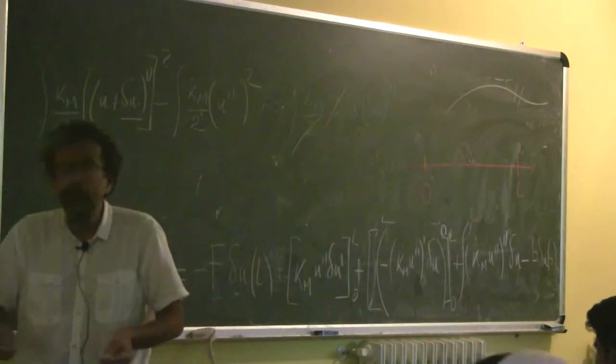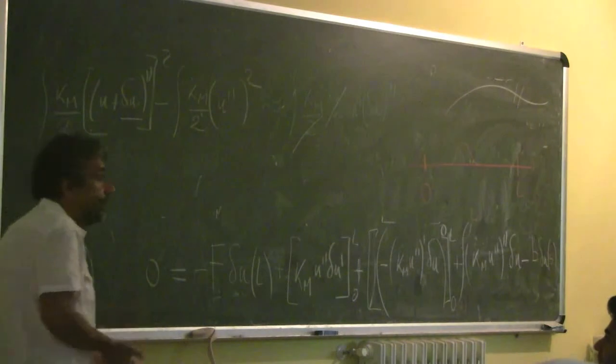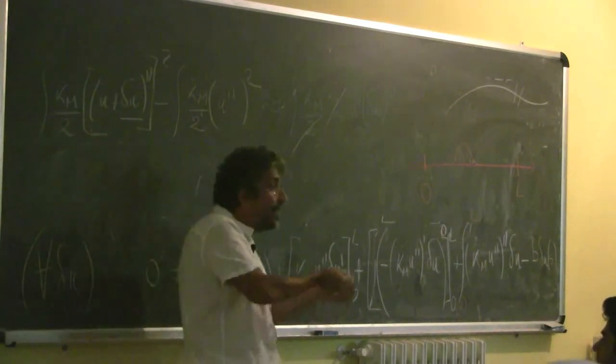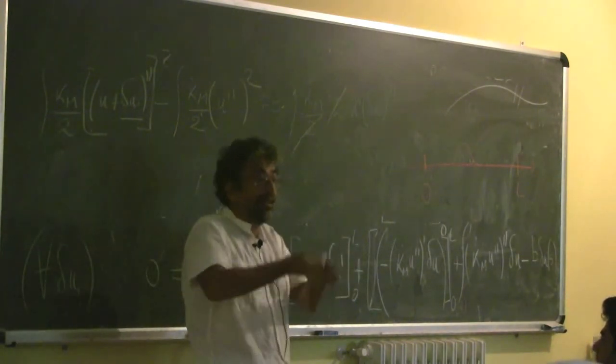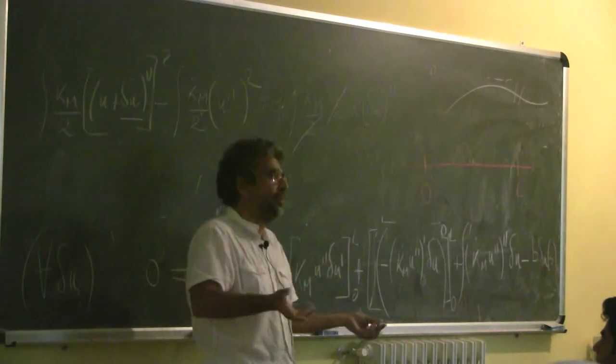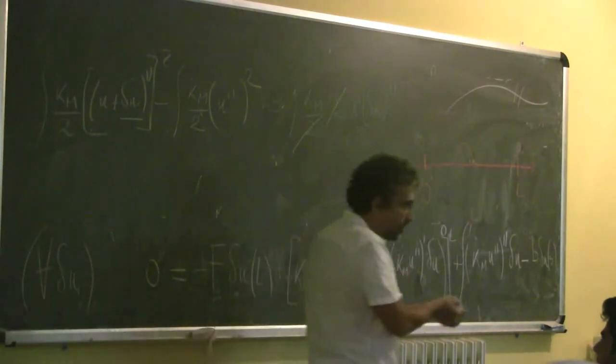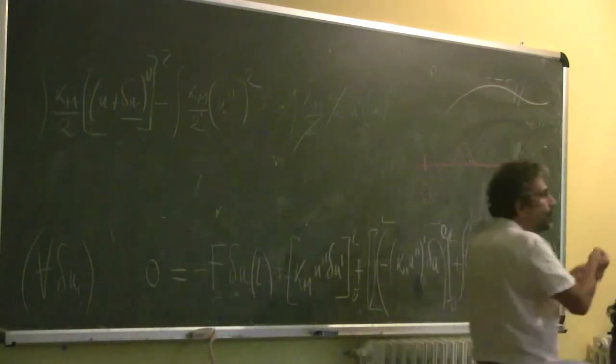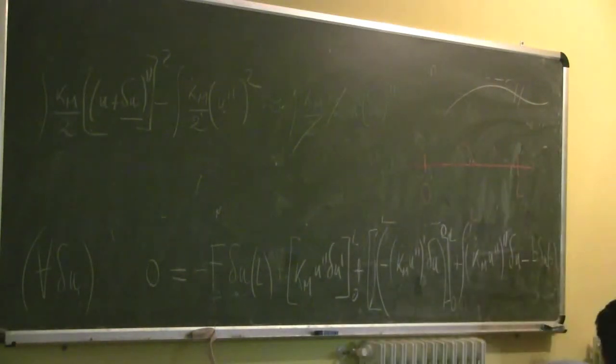Okay? So what can I do? I can tell you, every real number has a square which is positive. 2 is a real number, the square of 2 is positive. Okay? This is a form of logical deduction which is due to Aristotle.